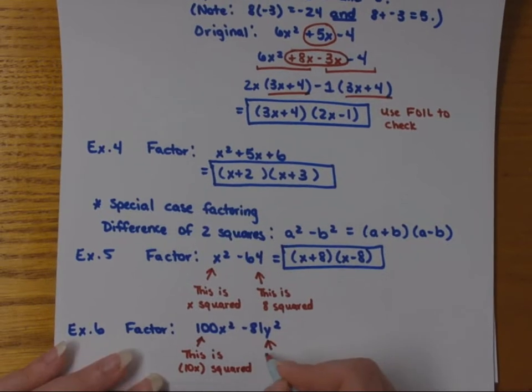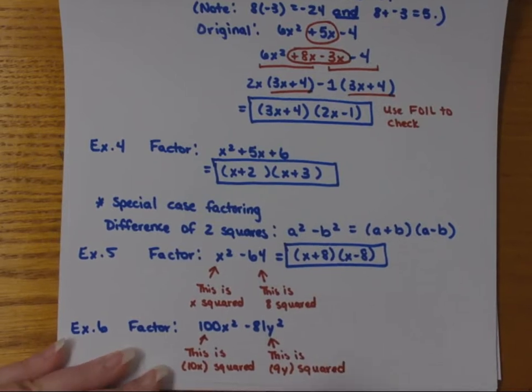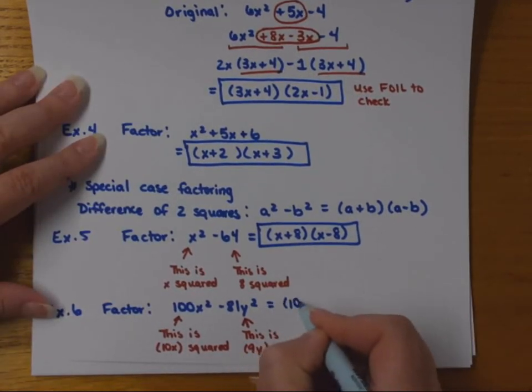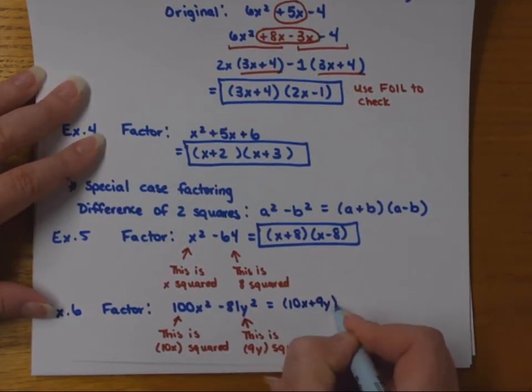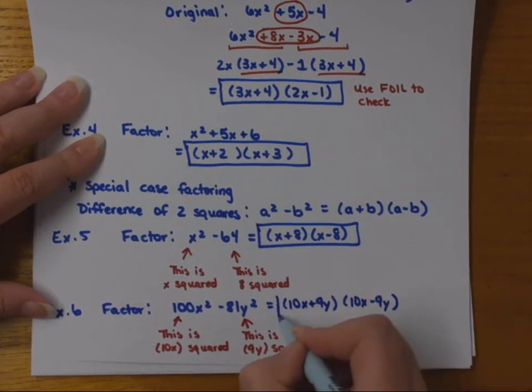But this is a perfect square as well. This is actually 9y squared. Now that we've verified that we are subtracting and that we have two squares, we can use the difference of squares formula. It's the square root of the first plus the square root of the second, and the square root of the first minus the square root of the second.